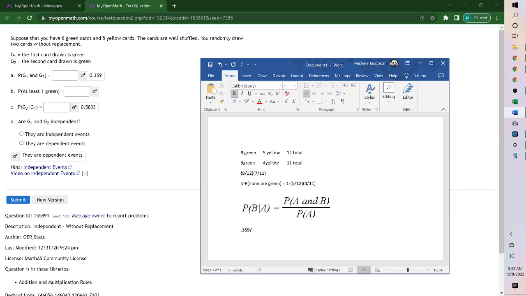And divide by the probability of the given, the first one being green, which we said was 8/12. And if you calculate that, you should get 0.5833.